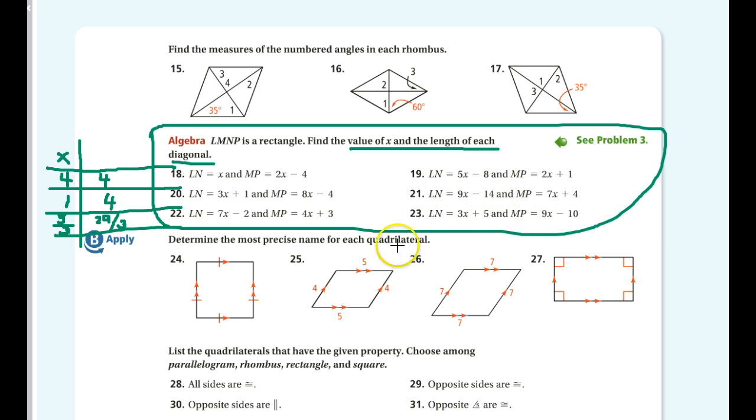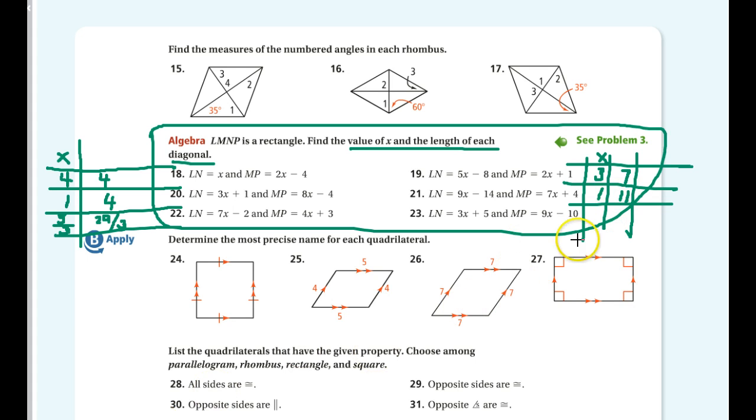Okay, so let's do the same thing over here: the value of x, and then the length of the diagonals. For number 19, x is 3. The length of the diagonals is 7. For number 20, x is 1. The length of the diagonals is 11. No, I'm sorry, did I do that wrong?